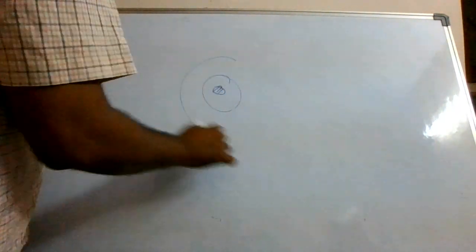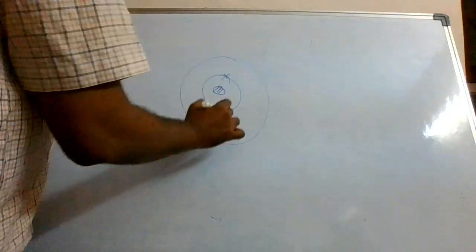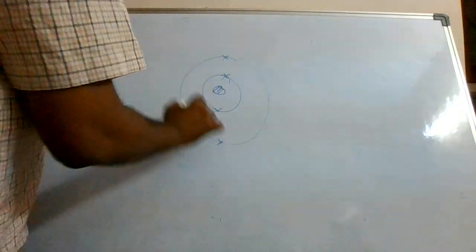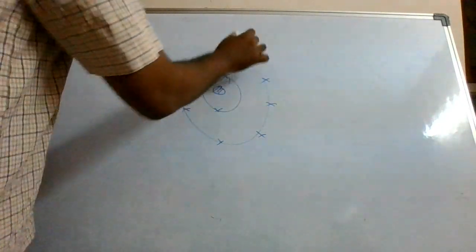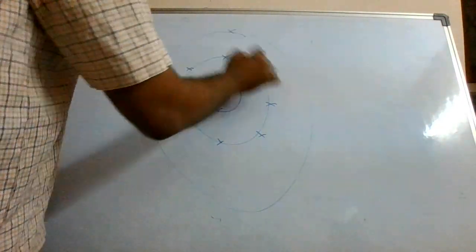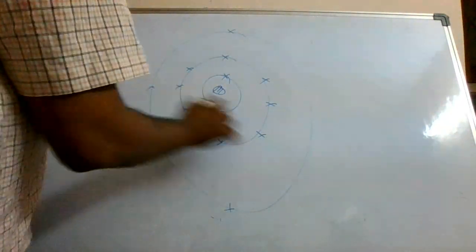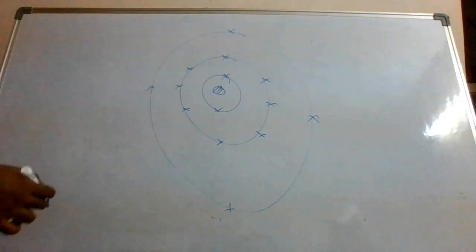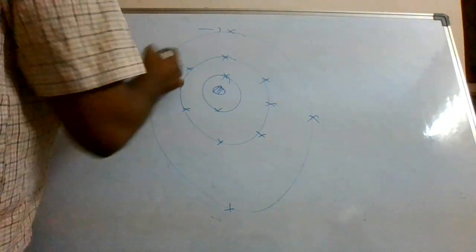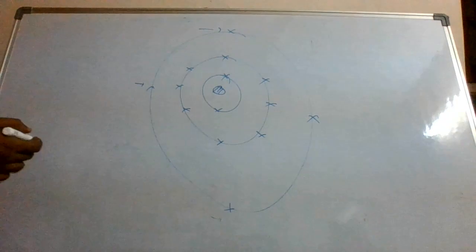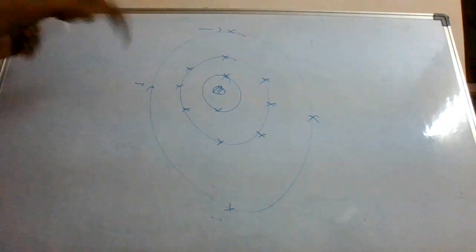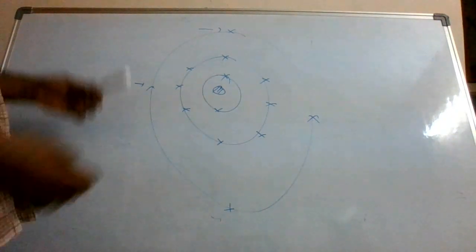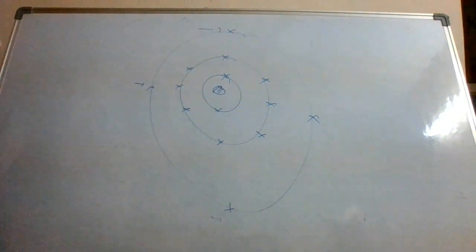Here there are 2, here there are 8, and here there are only 4. These 4 valence electrons will conduct only when you provide energy. So that's why they behave like semiconductors. By themselves they won't conduct electricity. Only when you provide energy will they behave like conductors. That's why they are semiconductors.